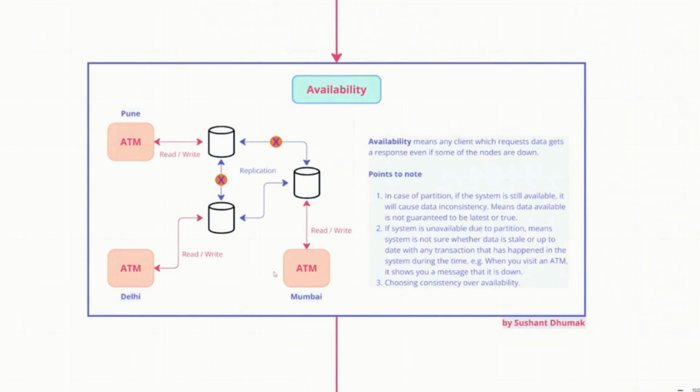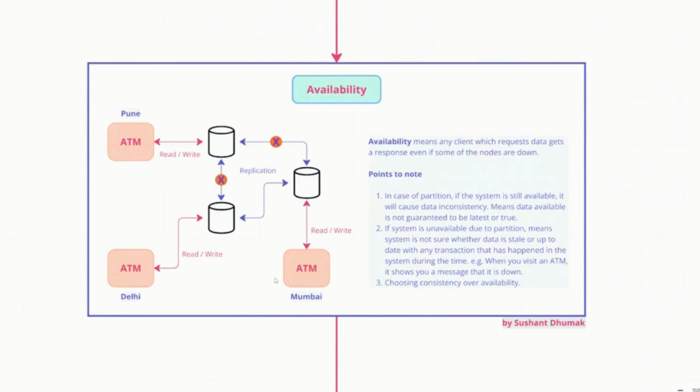So then you have to decide between these two parts. If you want to give consistent information to the user, then until the data is replicated and the network failure is resolved, you have to keep your system down. That is another problem also. See here, as the definition says, availability means any client request for data should get an immediate response, even if any of the nodes are down.